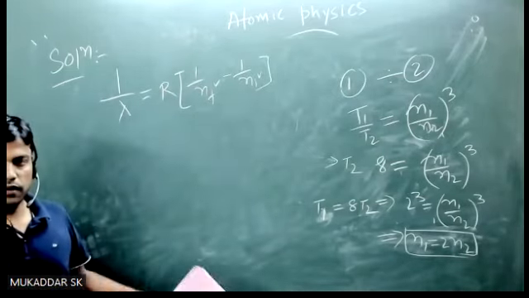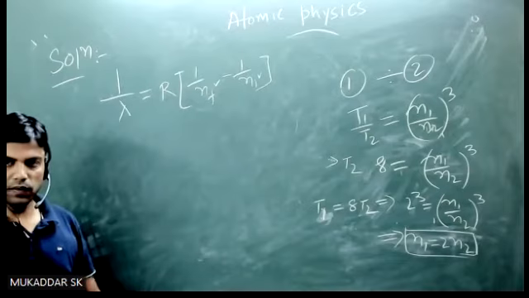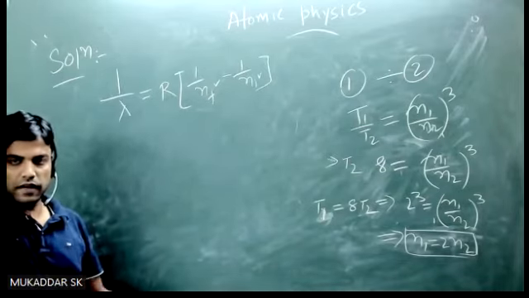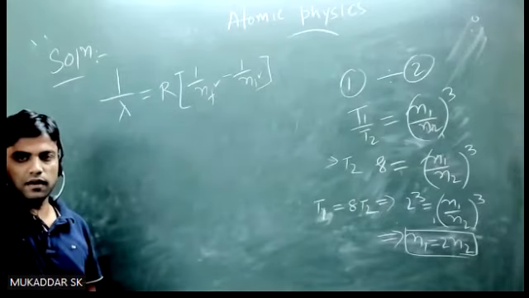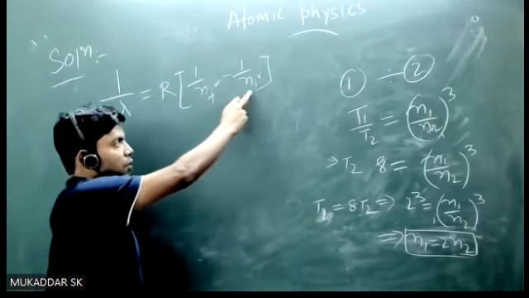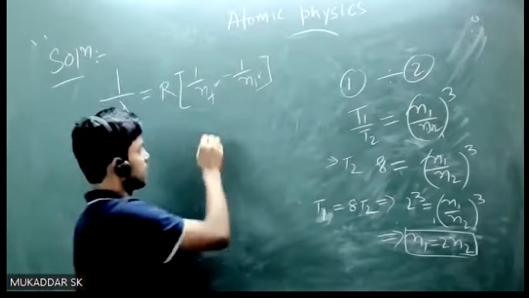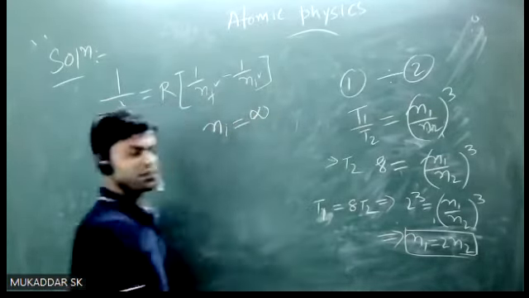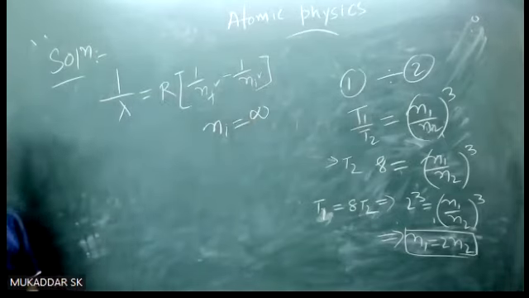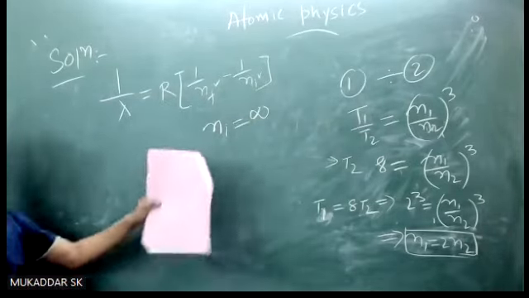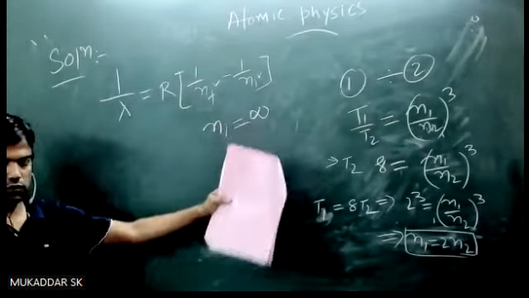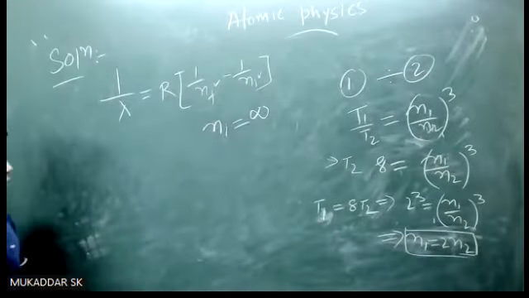I already discussed that minimum wavelength means the energy gap is high. So the energy between initial state and final state is large. So for minimum wavelength, ni is how much? Infinity. Is it not? For minimum wavelength, the initial principal quantum number should be infinity.